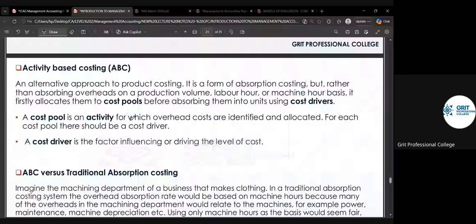And some of these activities, the traditional costing system will not view a company's operations in that light or in that way. So under ABC, determining the cost of any company's product or service will be much more detailed, because you are trying to look at what activities within the company's operations generate cost.